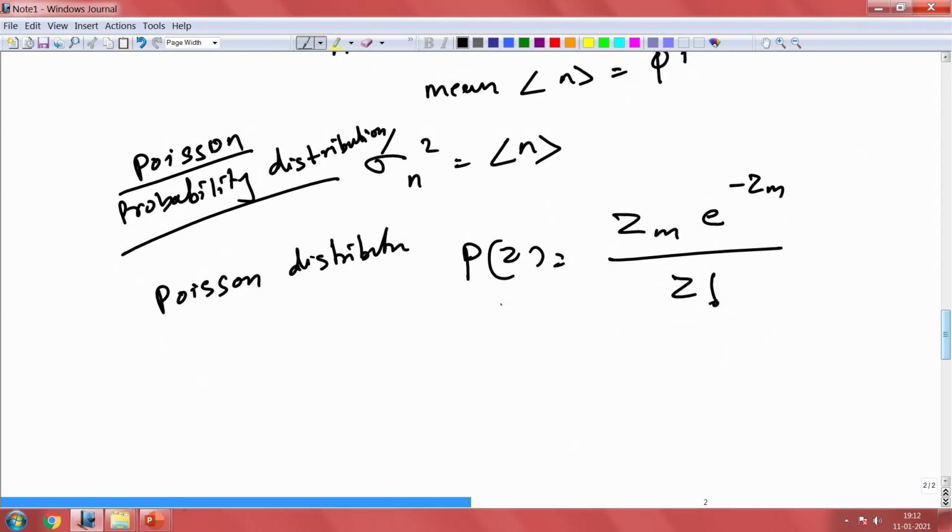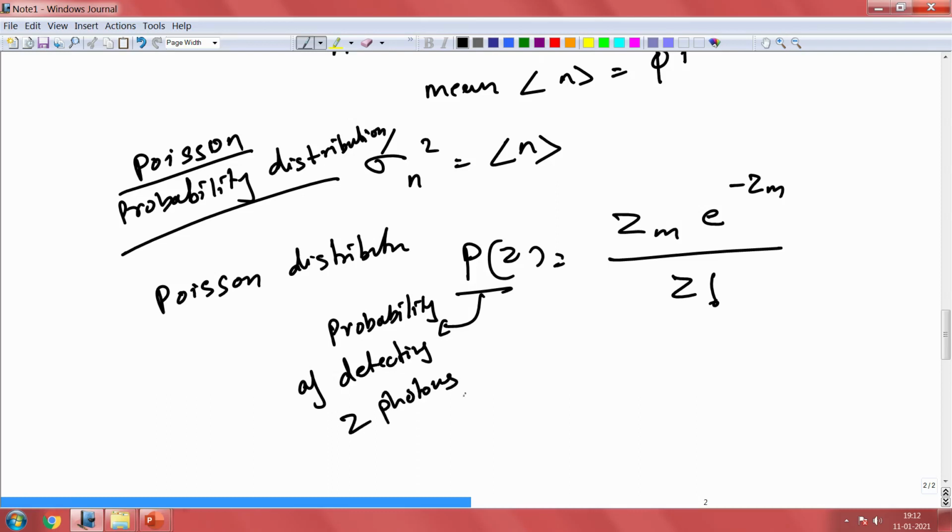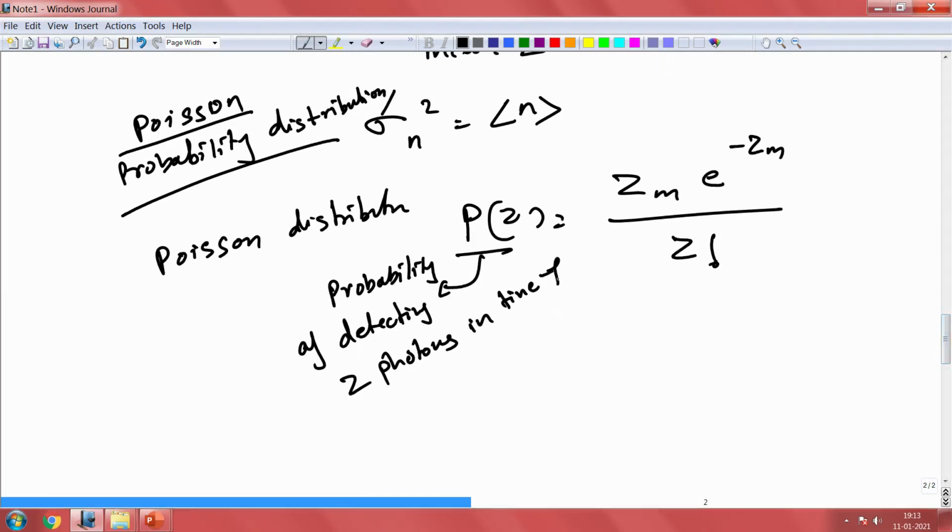P of z is our probability of detecting z photons in time t, let us say in time tau. So then the average to detect Zm photons is given by this particular statistics. Okay. So that is what we are giving here.